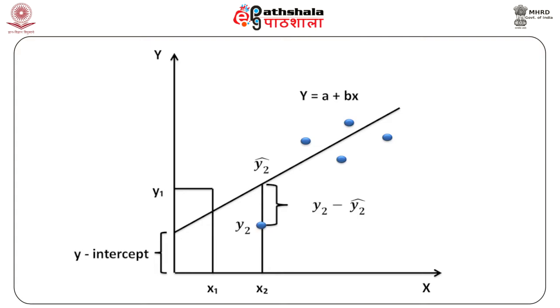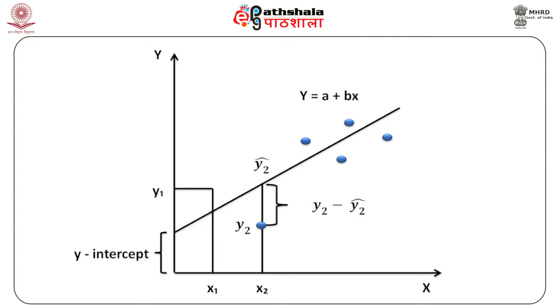In this figure, we can see u2 cap equals y2 minus y2 cap, where y2 is the actual value of y at given x2 and y2 cap is the estimated value of y at x2. Now the exercise is to minimize these differences for the given set of data.